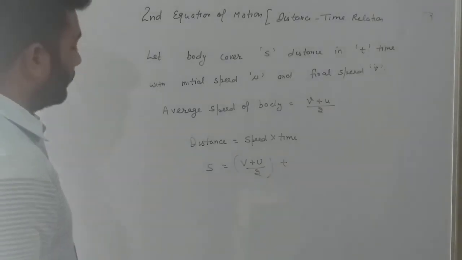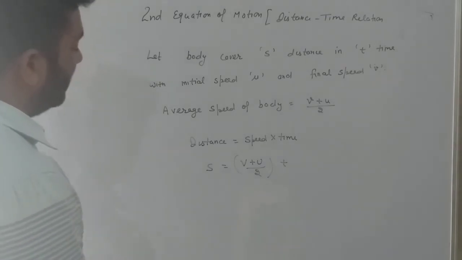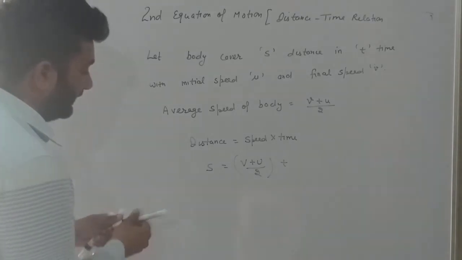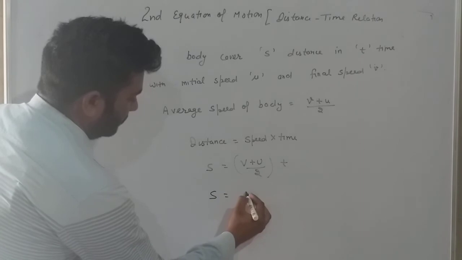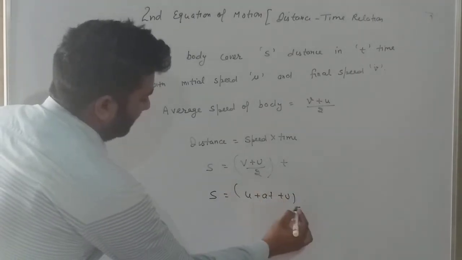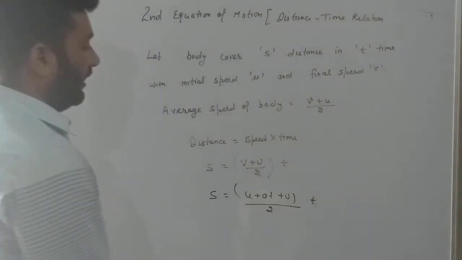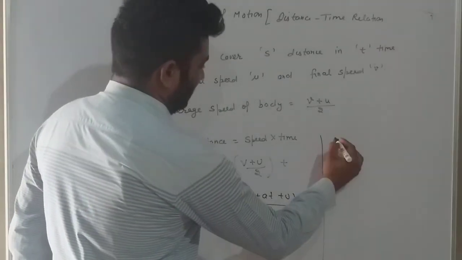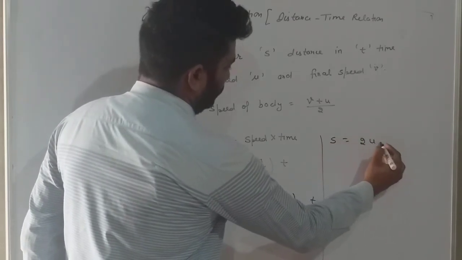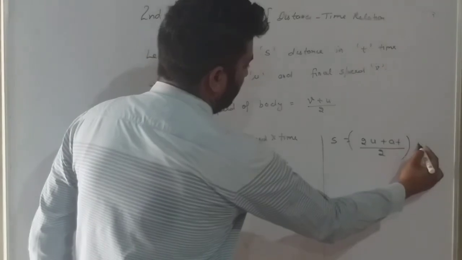According to first equation of motion, we have studied that v is equal to u plus at. So s is equal to u plus at plus u divided by 2 and into time t. Now from here we can say that s is equal to 2u plus at divided by 2 and into time t.